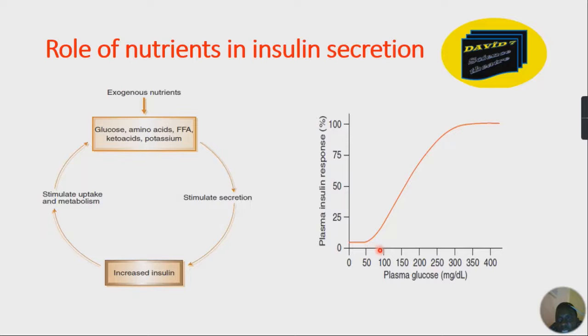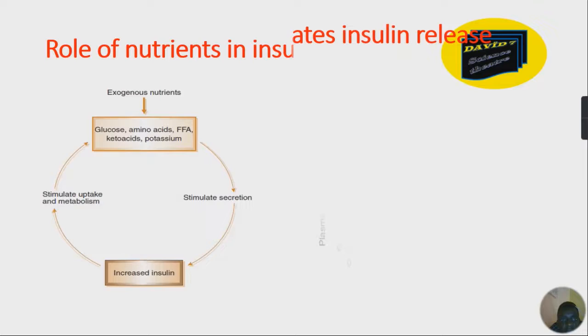Heading from 100 to around 250, you see, to around 300, there is increasing insulin release in response to increasing plasma glucose. Now beyond 350 and more, there is constant release of insulin in response to blood glucose.